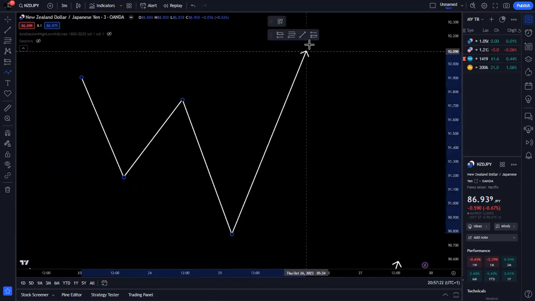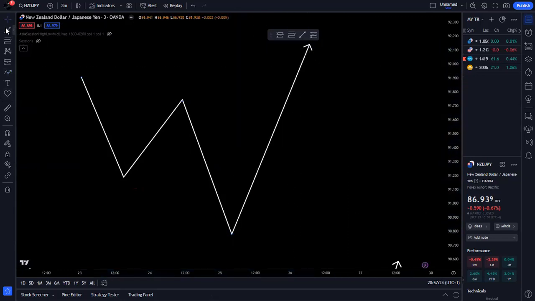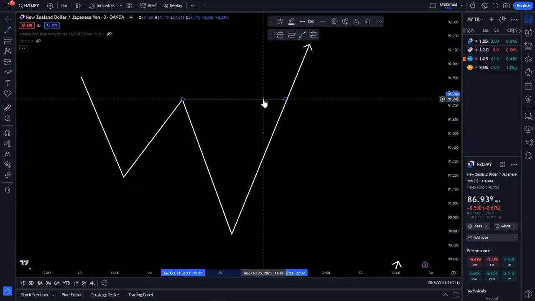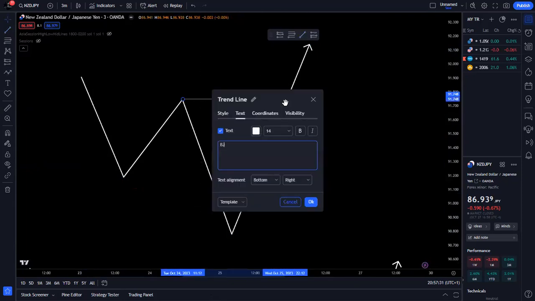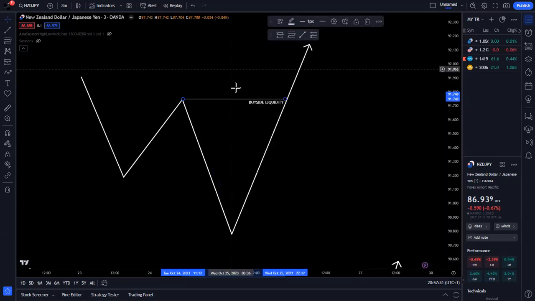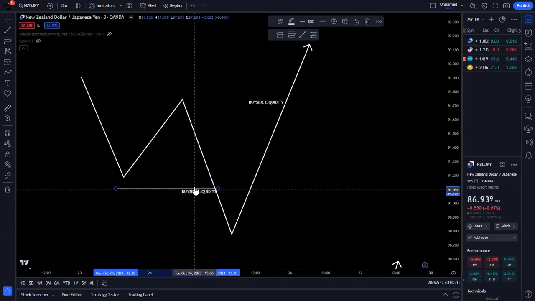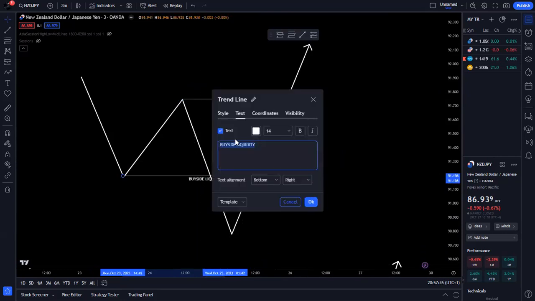If we have something like this, what lies above this high is buy side liquidity. And what do we have lying below this low? It is called sell side liquidity.